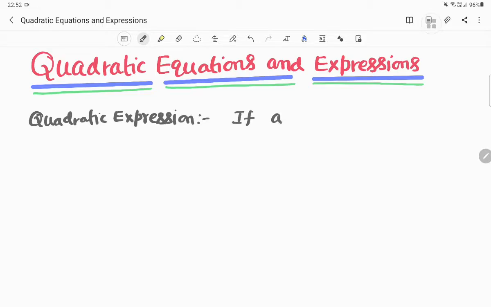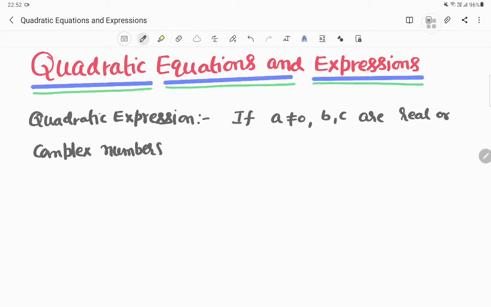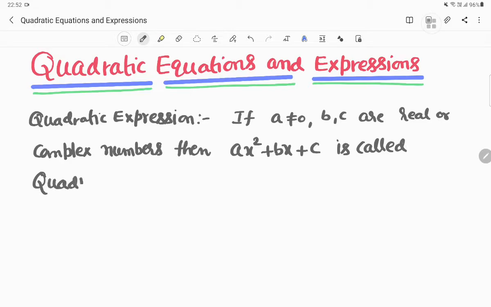If a is not equal to 0, b comma c are real or complex numbers, then ax square plus bx plus c is called a quadratic expression in x.